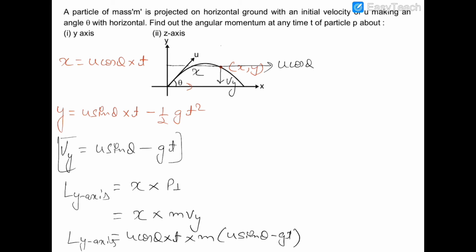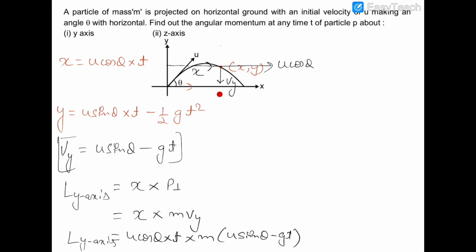The direction of this angular momentum can be calculated by the right hand screw rule. This is the x vector and this is the momentum vector. So if we curl our fingers starting from the x vector towards the momentum vector like that, then the thumb of our right hand would point towards the direction which is inside the plane of the board.